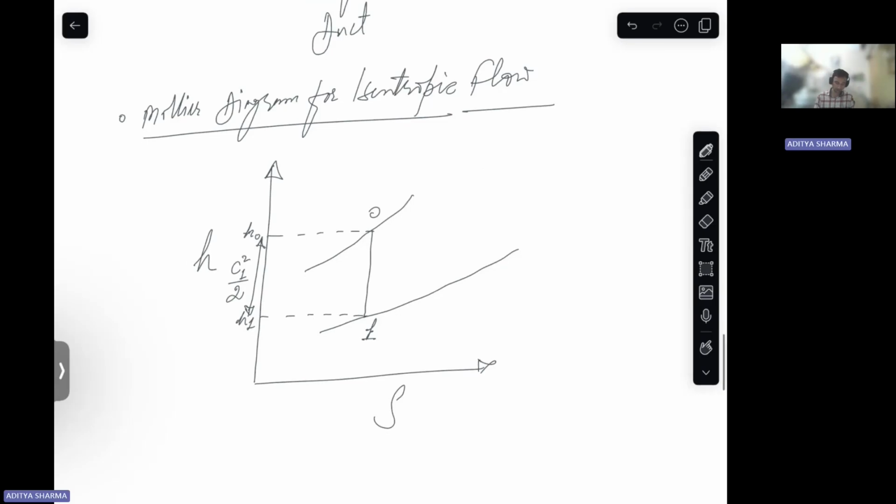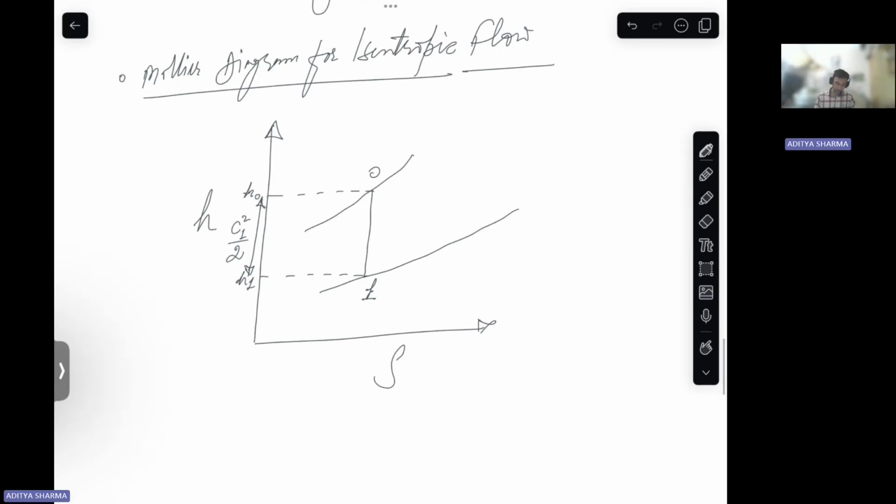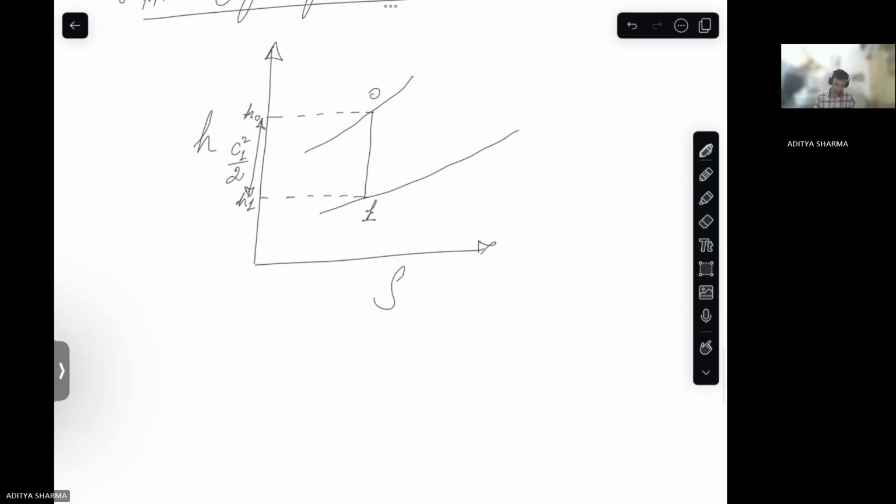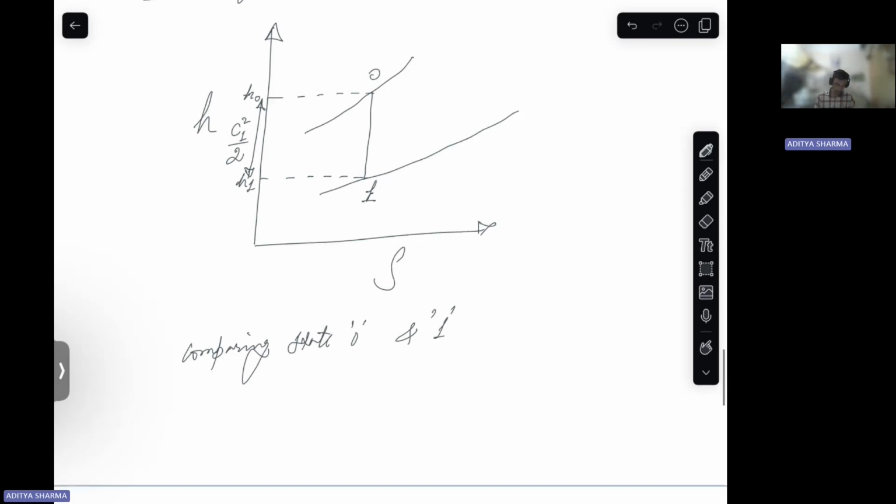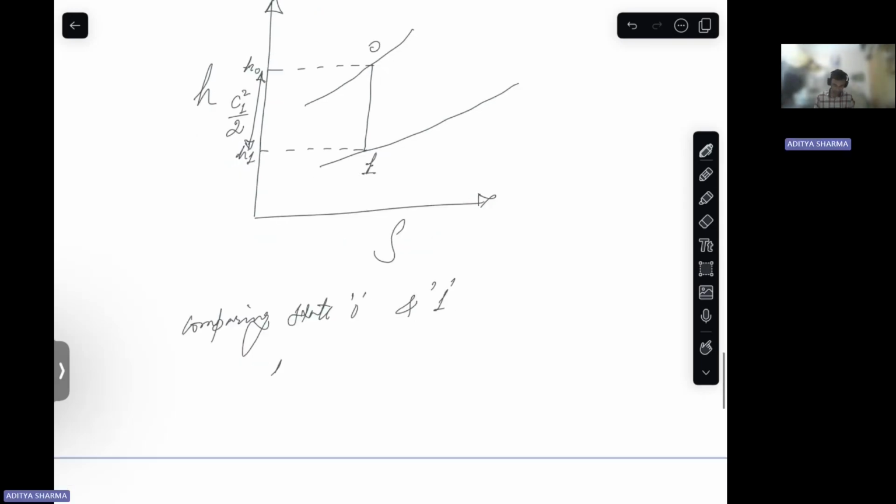If you have to compare state 0 and 1: enthalpy plus C naught square by 2 equals H1 plus C1 square by 2.